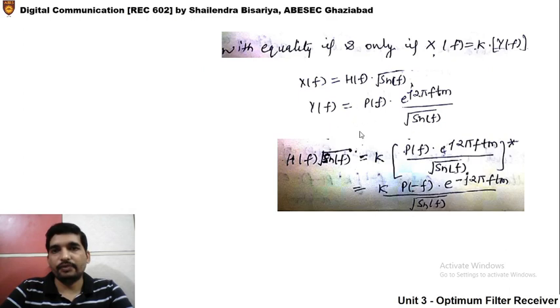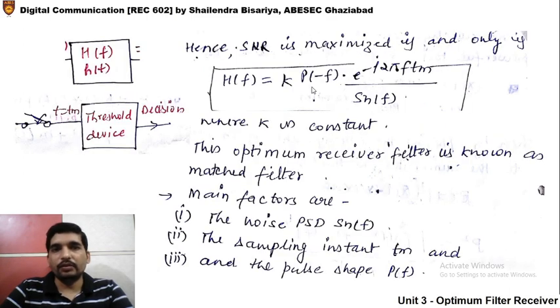We finally concluded that the transfer function H(f) should be equal to K P(-f) e to the power minus j 2 pi f tm upon Sn(f), where P(-f) is the Fourier transform of p(t), Sn(f) is the power spectral density of noise, and tm is the time instant at which we are sampling, as you can see from the diagram here.